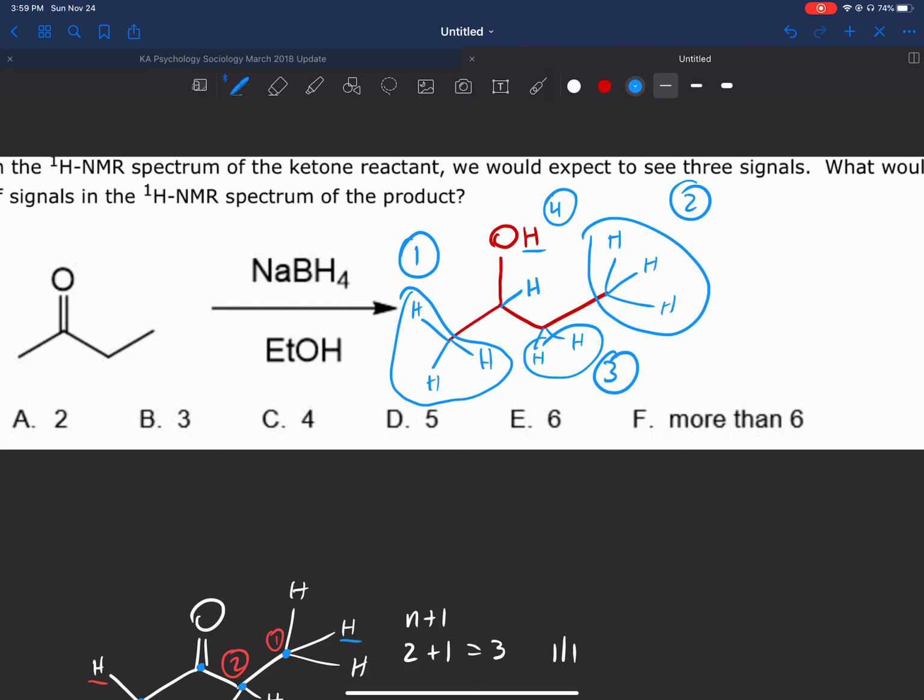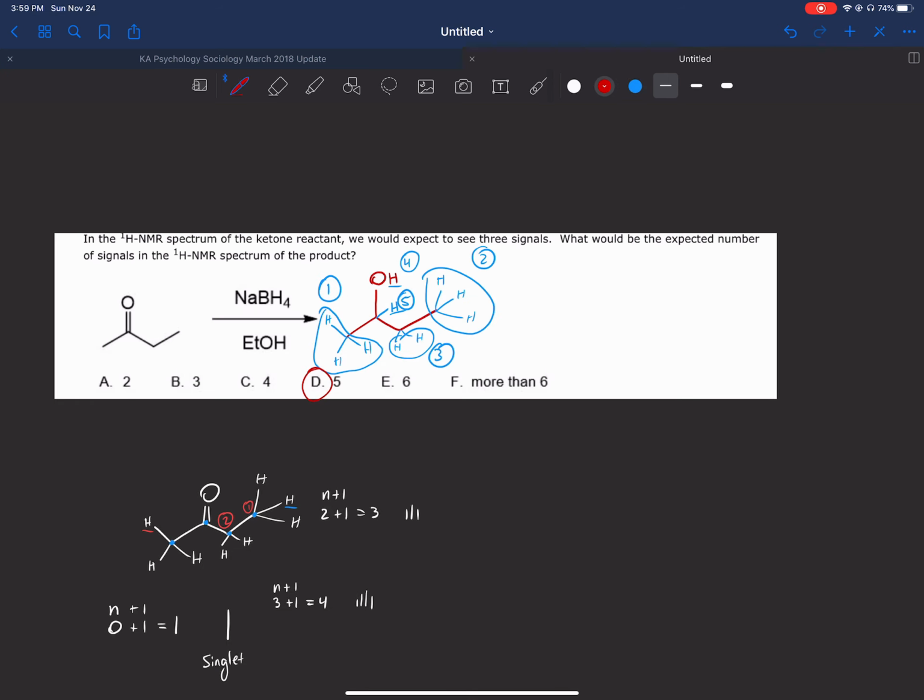Remember, there were 3 bonds now on that carbon, 2 to other carbons, 1 to an oxygen. But because we had to maintain the octet rule, we had another hydrogen there, right? So that's another unique hydrogen now. So that's 5. So now we're gonna have 5 signals. So our answer is gonna be D for 5.